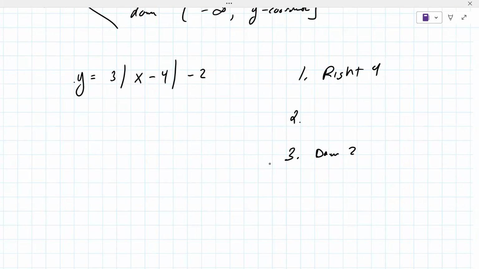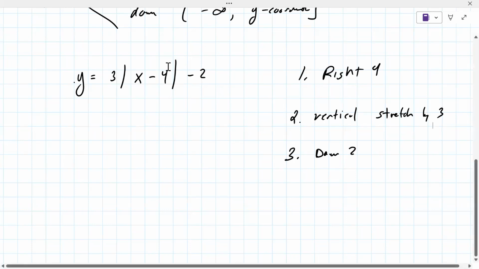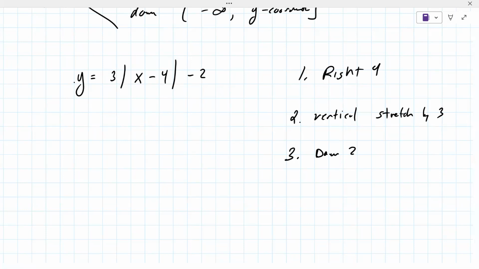And then this 3 out in front is the vertical stretch by 3. If they're in front, does that mean they're all stretches? It looks like all of yours are that, but generally no, that's not.